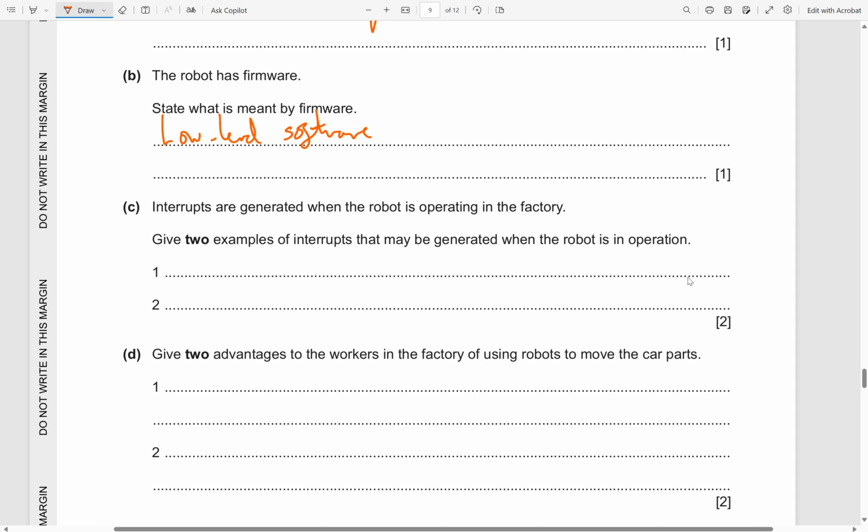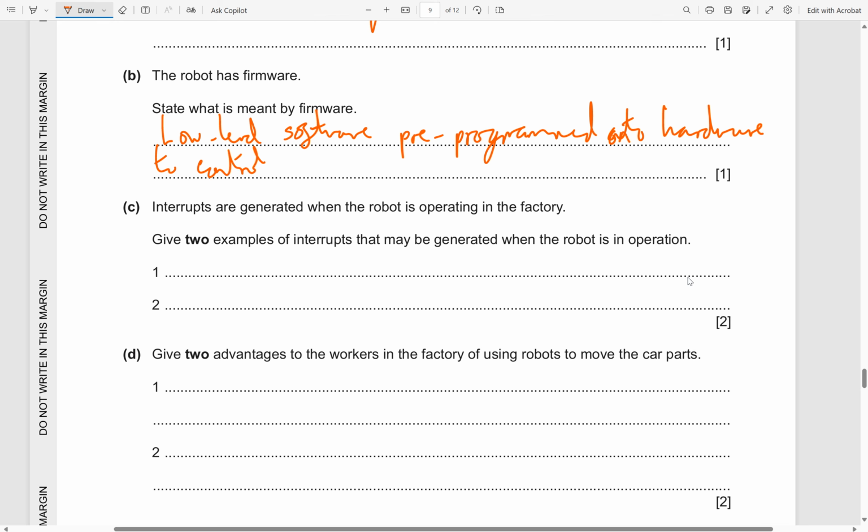Let's say what that is, directly included on the hardware, or pre-programmed onto the hardware. Let's say low-level software, pre-programmed or printed onto the hardware. Or let's say to control or manage communication with said hardware.